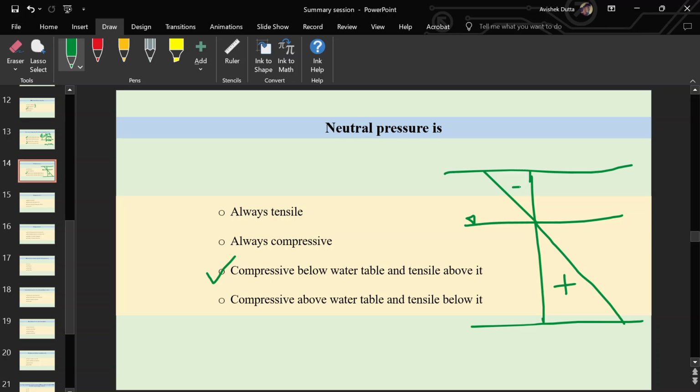This is negative. Here we know total stress equals effective stress plus pore pressure, isn't it? And here total stress equals effective stress minus pore pressure, right?